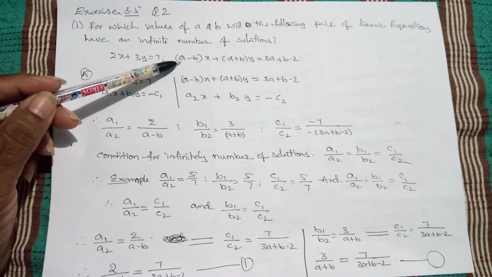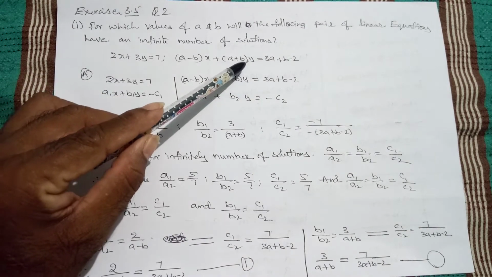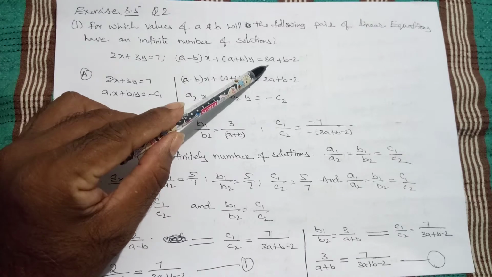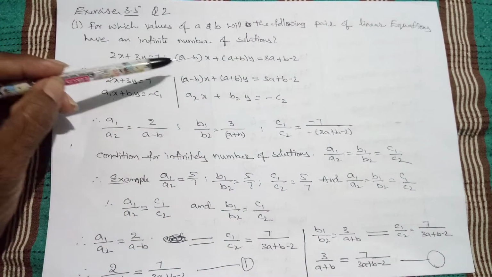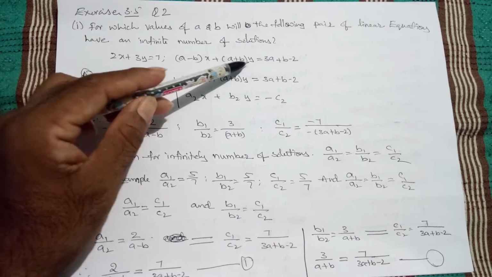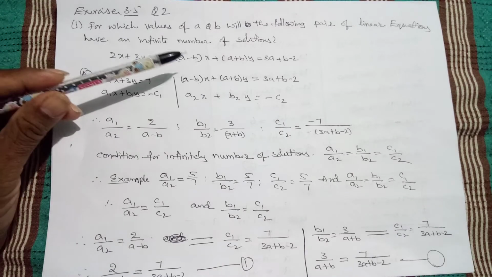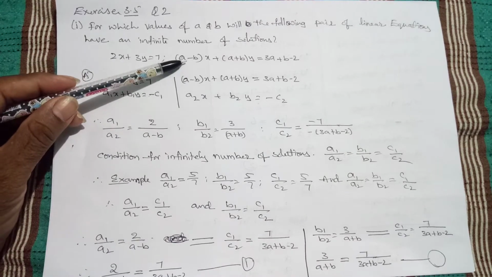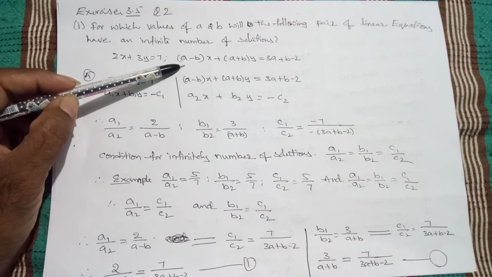Here (a minus b) x plus (a plus b) y is equal to 3a plus b minus 2. Now it looks like ax plus by plus c equal to 0. That means instead of a constant number, they have given a minus b.